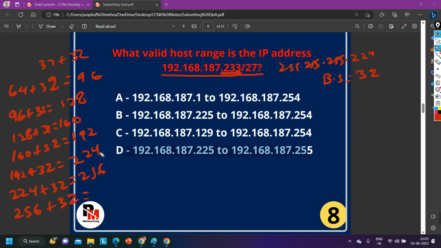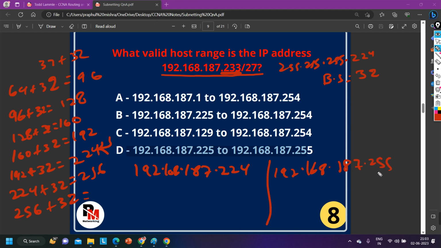Okay, so 223 falls in this network, right? Yes, sir. 224 means my network ID is 192.168.187.224. Yes or no? And next network is 192.168.188.0, so the broadcast is 187.255.